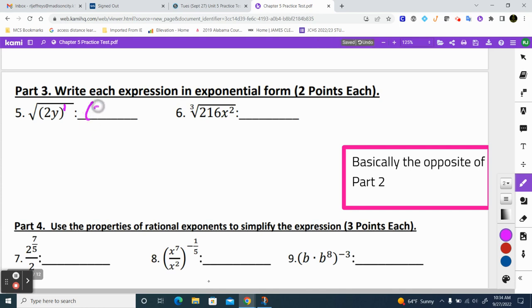So we'd have parenthesis 2y parenthesis 1 over 2. That's it. I know somebody was about to say, wow, you mean it's basically the opposite of part 2? And I would say, yes, it's basically the opposite of part 2.